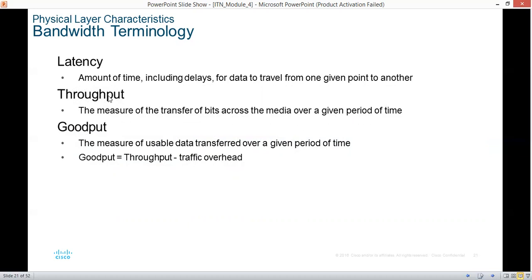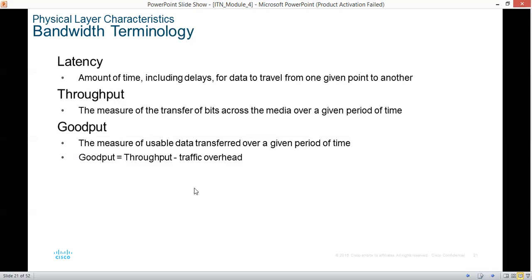Throughput is the measure of the transfer of the signal over a given period. Then goodput is a measure of usable data transfer over a given period of time. So when you take throughput minus traffic overhead, it gives you goodput.